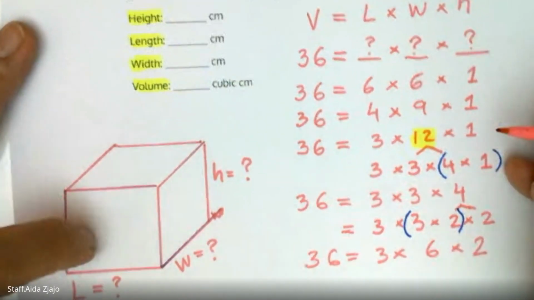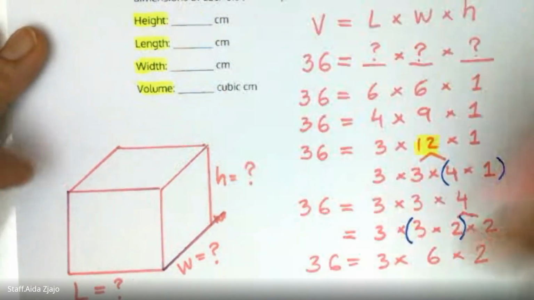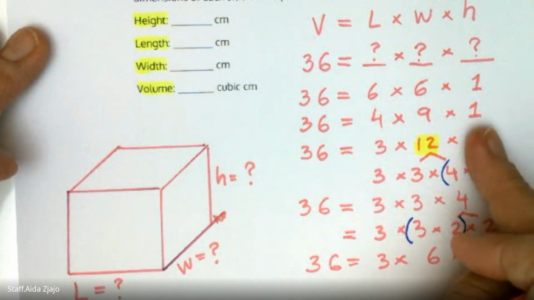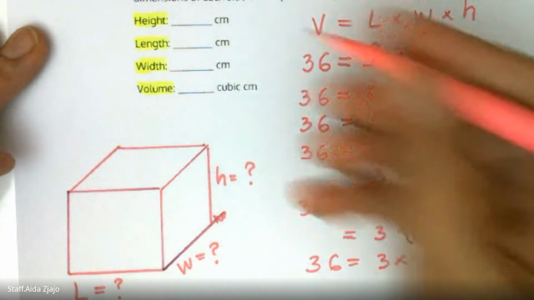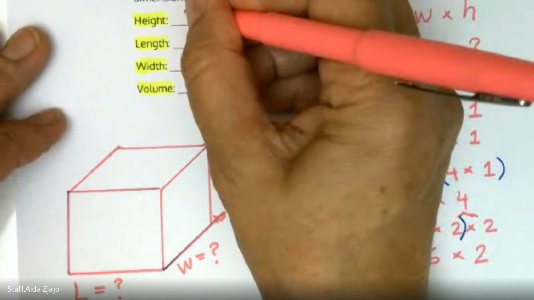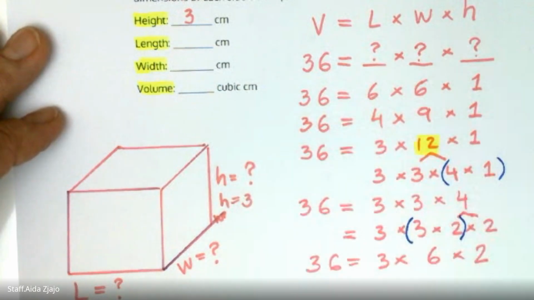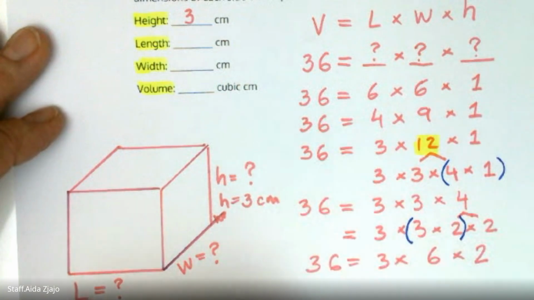Here I could do 3 by 6 by 2, or 4 by 9 by 1. So let's do 3 by 6 by 2. So the height could be 3 centimeters.